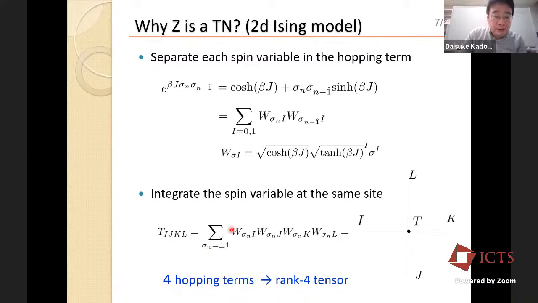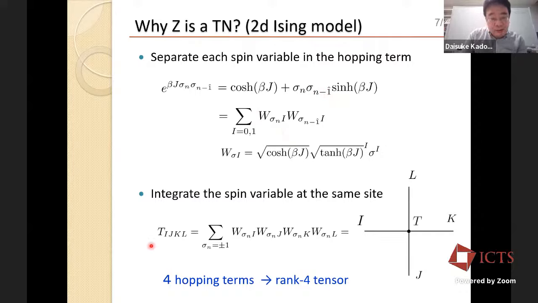And after taking the summation over spin variables, this summation over I remains in the partition function.